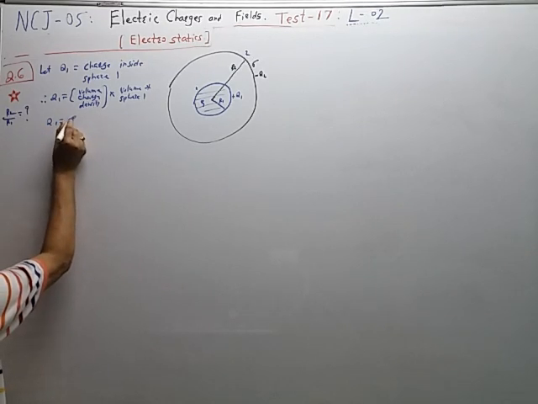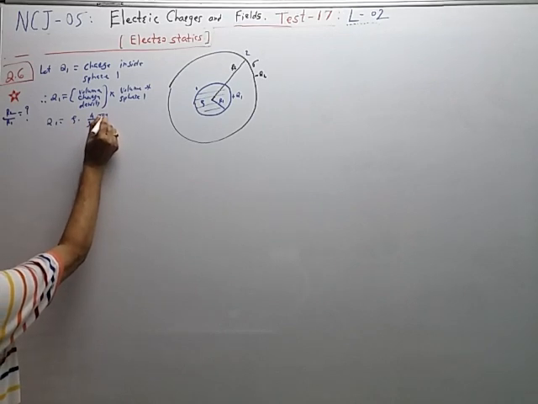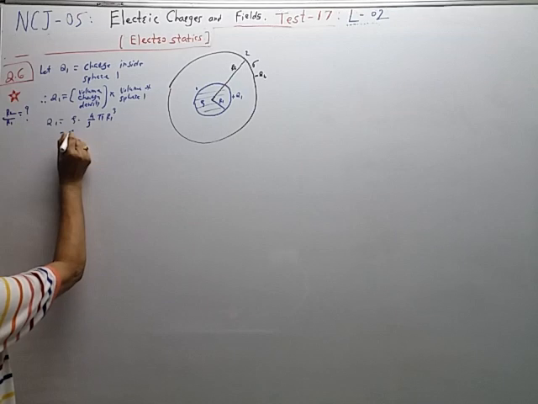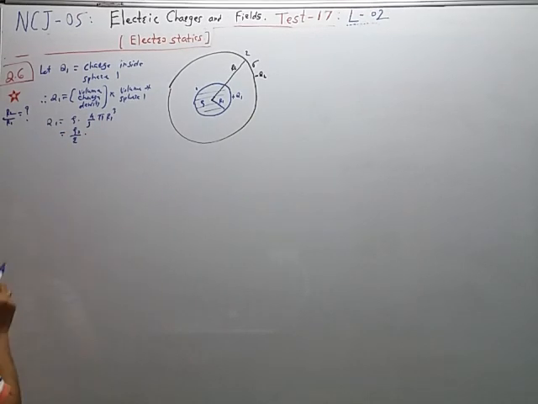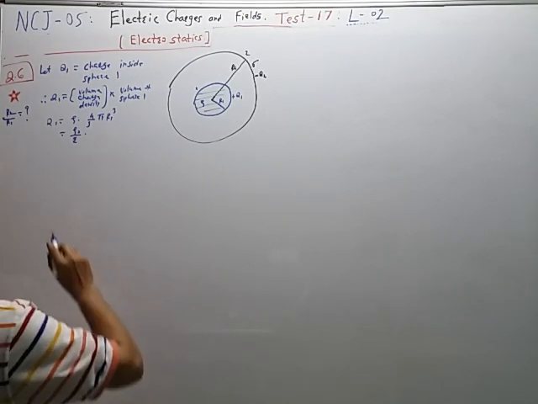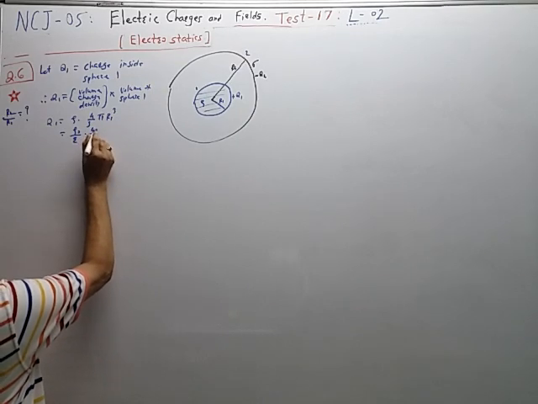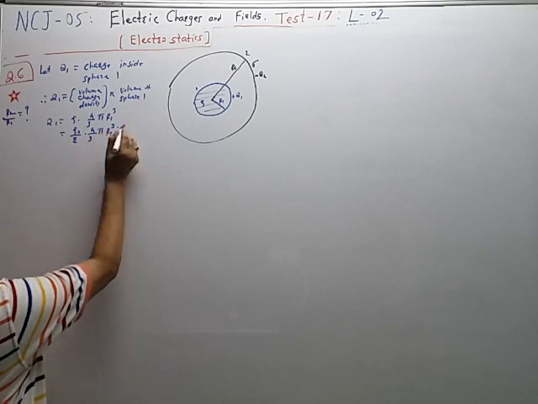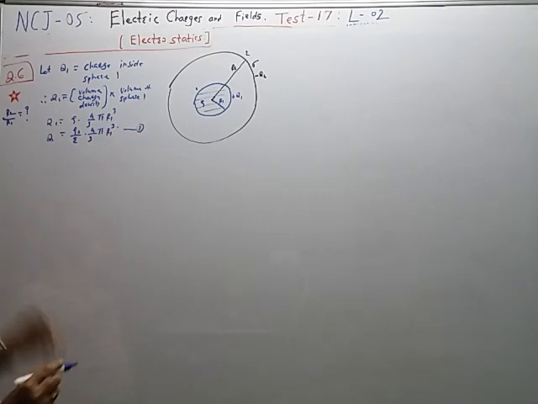So q1 is equal to rho into 4/3 pi r1 cube. This rho is equal to rho 0 by r, so q1 is equal to rho 0 by r into 4/3 pi r1 cube. This is equation 1.